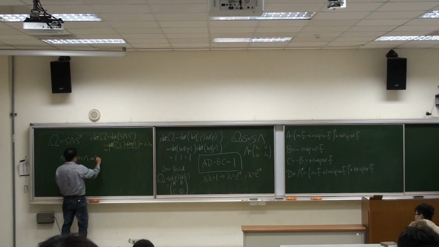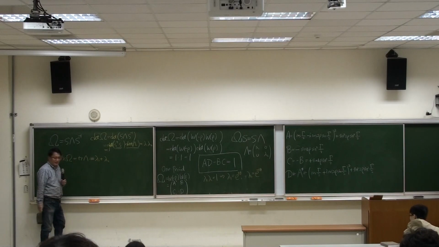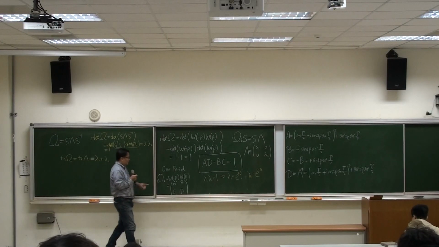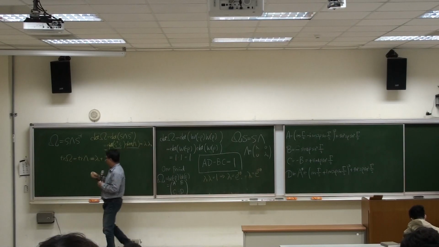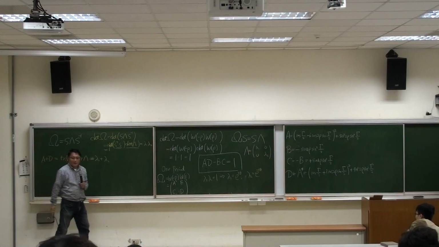那 trace 一样代表什么意思呢？就是我们知道这个大lambda的矩阵，它两个 eigenvalue 就是 lambda 1，lambda 2，所以它的 trace 就是 lambda 1 加 lambda 2，对不对？但是呢，这个 omega 的 trace 是什么呢？就是 A plus D. Okay.